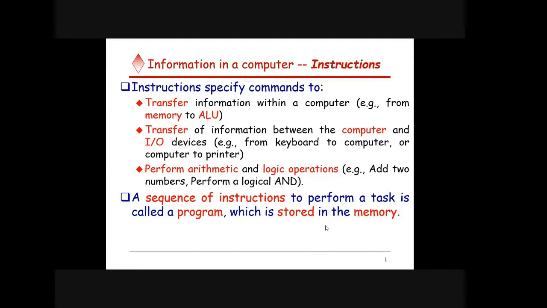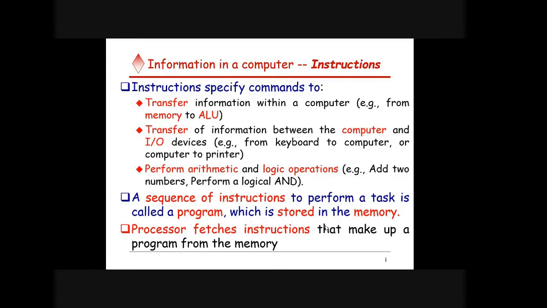Whenever the processor wants a particular instruction to execute, the processor gives the address of that instruction to the memory unit, and then it reads that instruction from the memory unit, and that will be executed by the ALU.